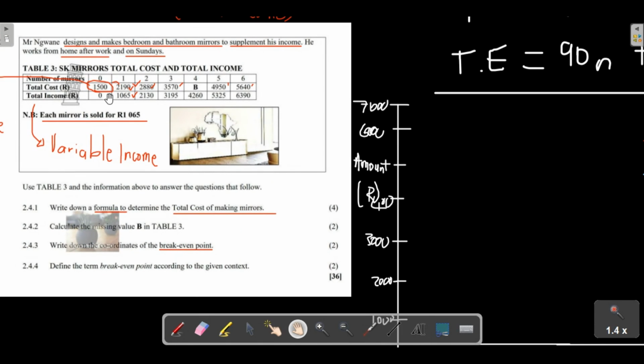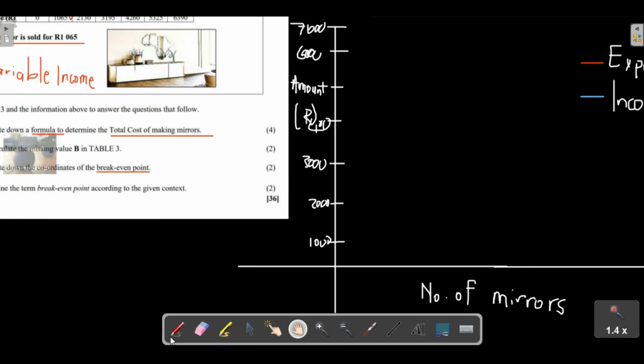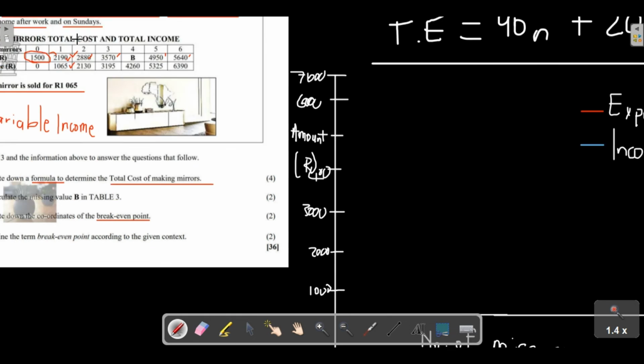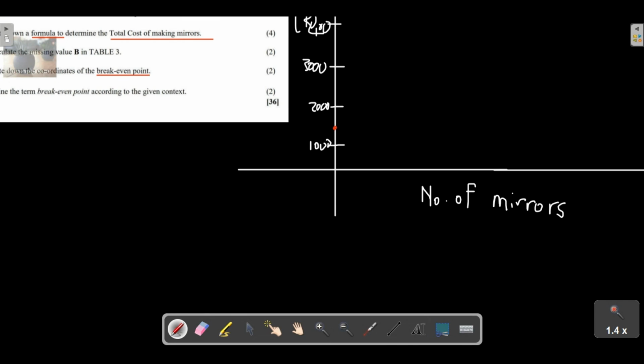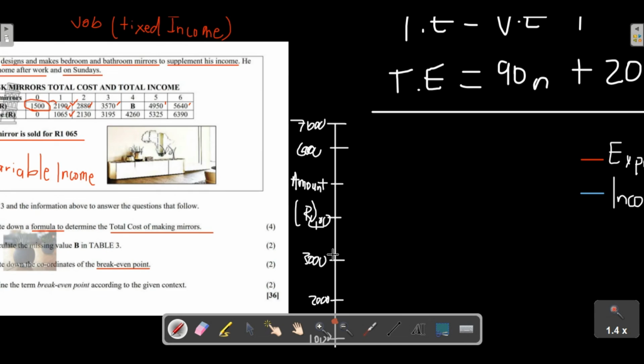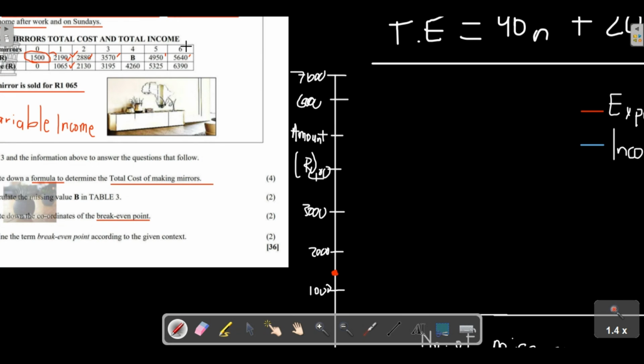Now, the total cost or total expenses when the number of mirrors is 0 is 1,500, so 1,500 is in between like that. And then for the cost when you are making six mirrors, the cost is 5,600, so 5,600 would be somewhere here.